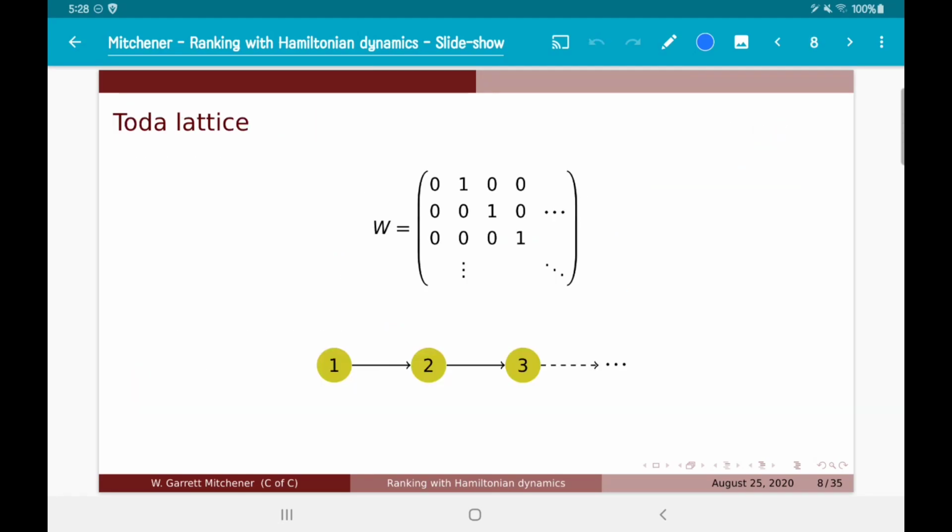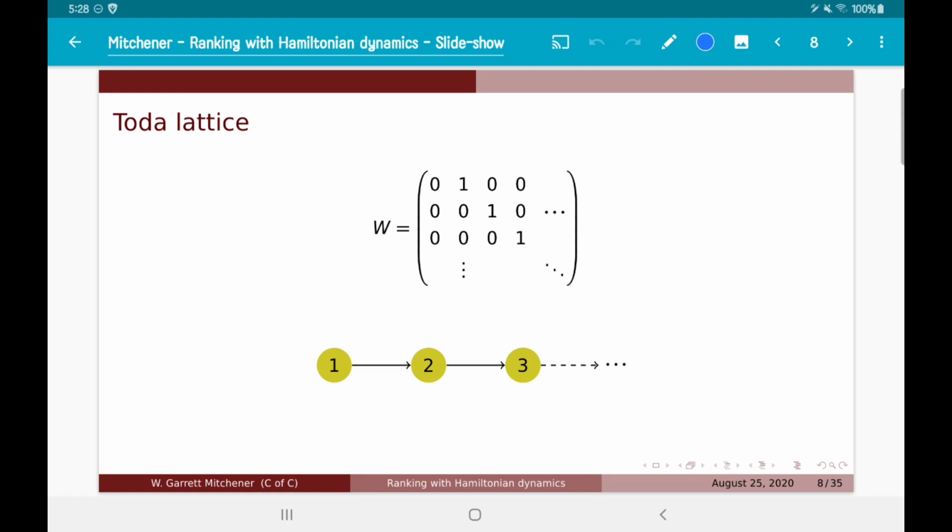Another reason for choosing the particular form of ranking potential that I did is that the Hamiltonian that results actually has a nice connection to the Toda lattice. The Toda lattice is a well-studied integrable system, and I'll say in a minute exactly what that means.